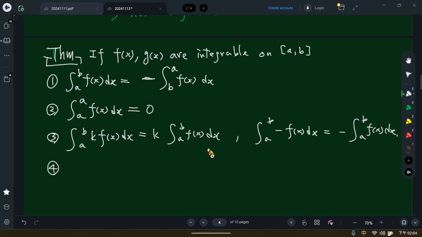And fourth is the integral from a to b of f of x, adding or subtracting g of x, dx. Then it will be this one.